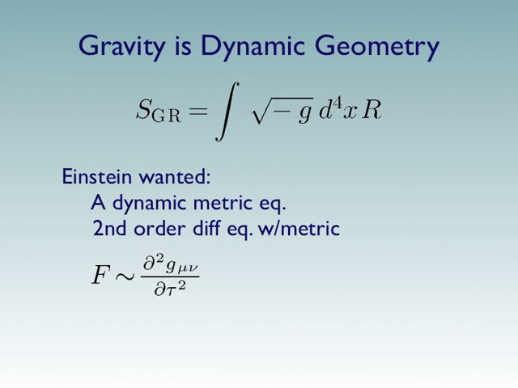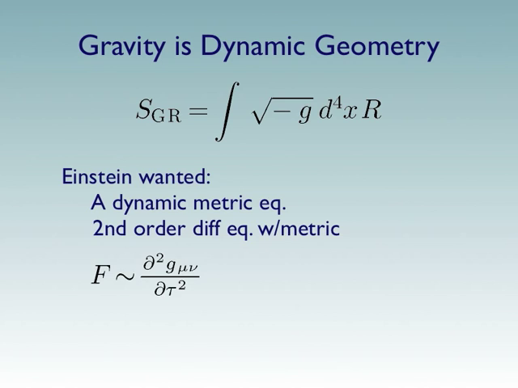Gravity is dynamic geometry. Einstein realized this just by thinking about it. And we have subsequently done a lot of elegant experiments which show that in fact that is the case. What Einstein wanted was to mimic Newton's second law, the F equals ma sort of thing.